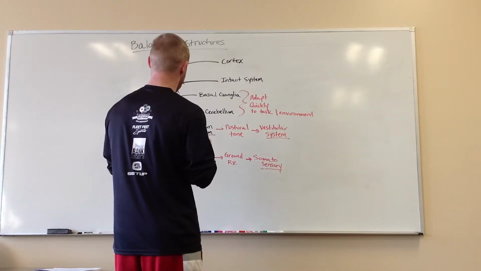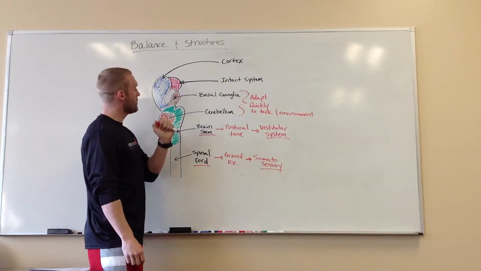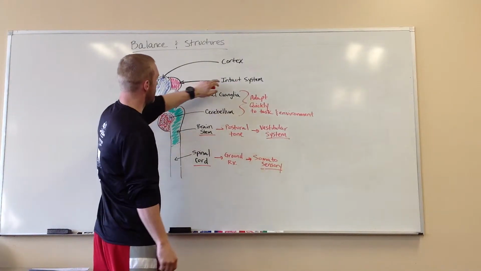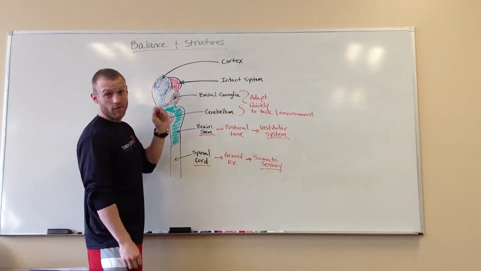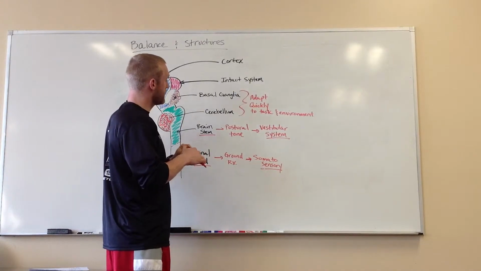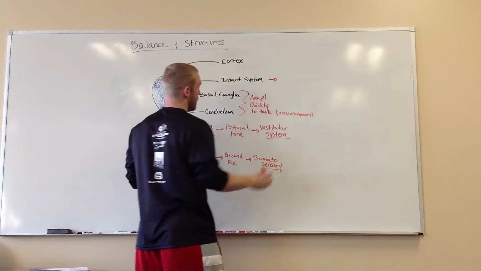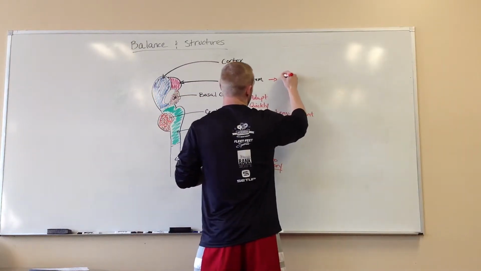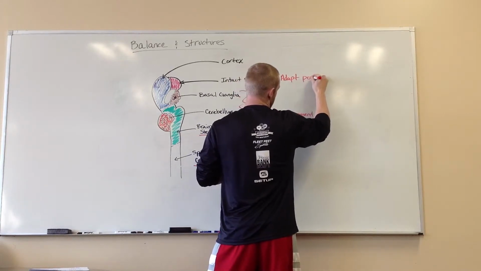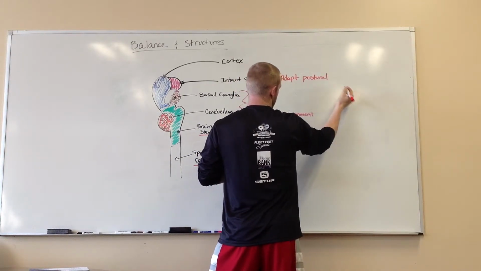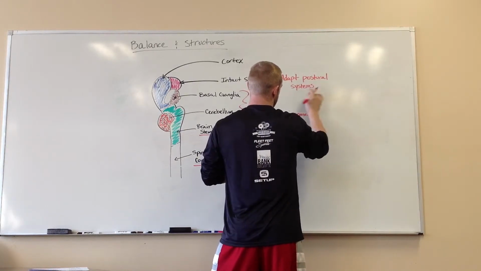Next, we have our intact system, and I'm pretty sure that the notes put the intact system and cortex together, but I wasn't quite sure, so I just made them different colors. So the intact system is going to adapt the postural system.